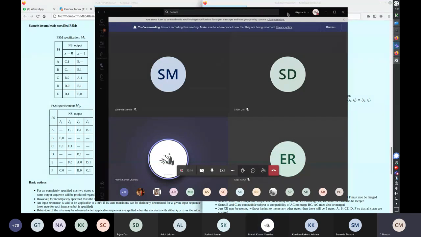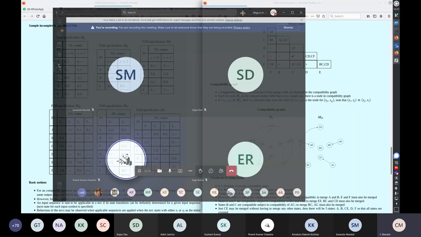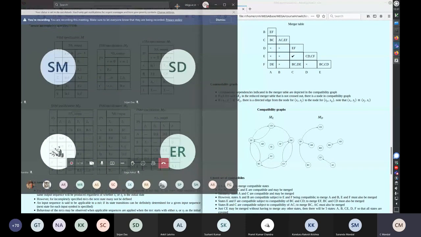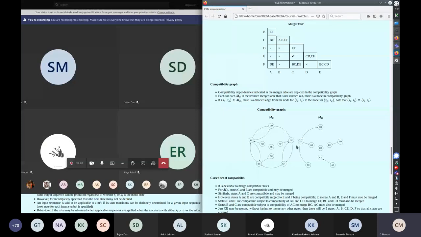It is very simple. It comes directly from the Marchett table. You can just look at the Marchett table shown over here and draw this graph. There is nothing more to it. You just look at the entries and put a directed edge to the nodes corresponding to these entries.